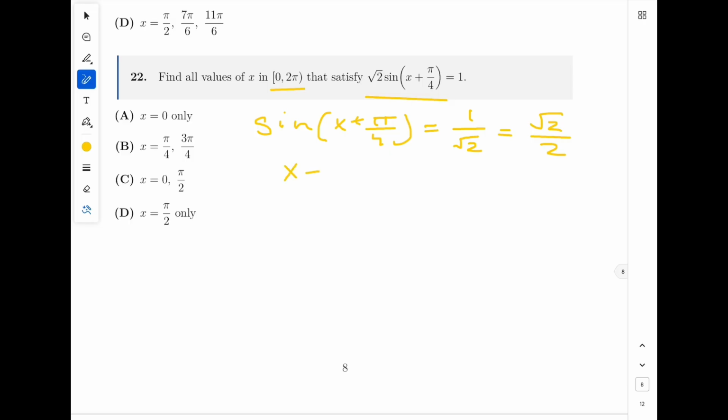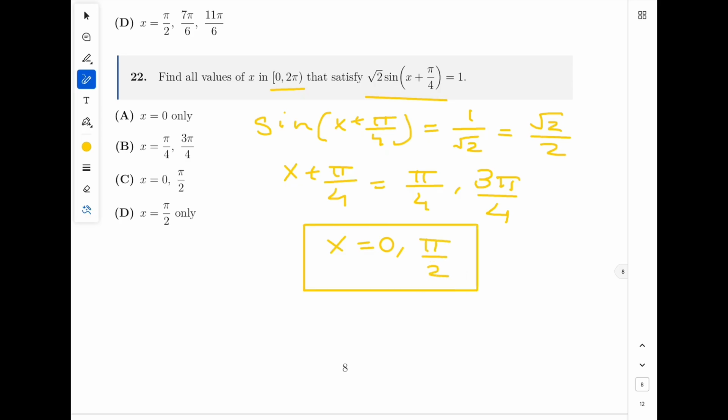So we have x plus pi by 4 is equal to pi over 4 and 3 pi over 4. Now I have to subtract pi over 4. So x is equal to 0 comma pi over 2. 0 comma pi over 2, option C.